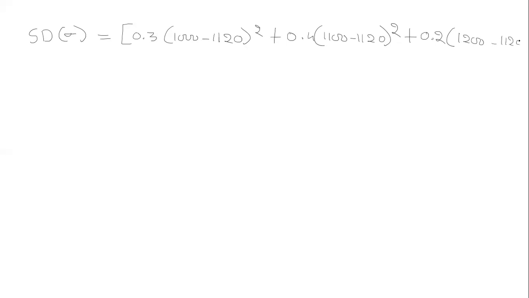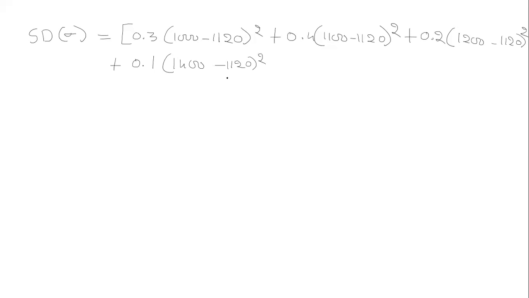So let's sum. 0.3 is the probability, 1000 is the return, and the average, the expected return, is 1120, squared, plus 0.4 into 1100 minus 1120 squared, plus 0.2 into 1200 minus 1120 squared, plus 0.1 into 1400 minus 1120, bracket squared.